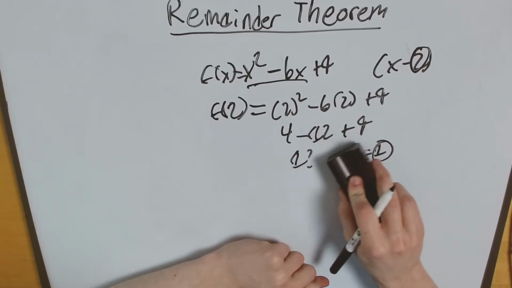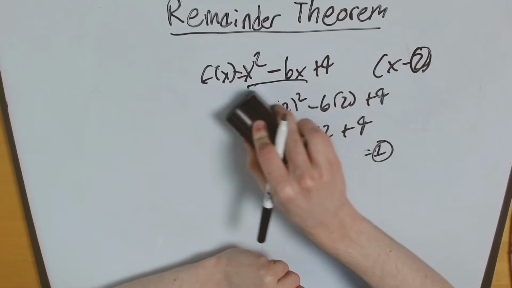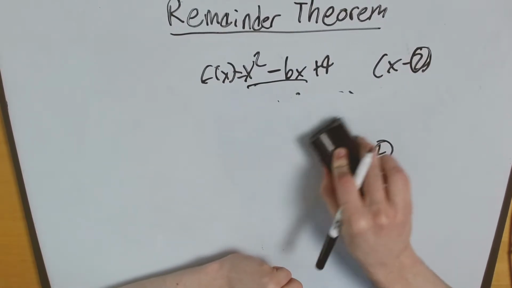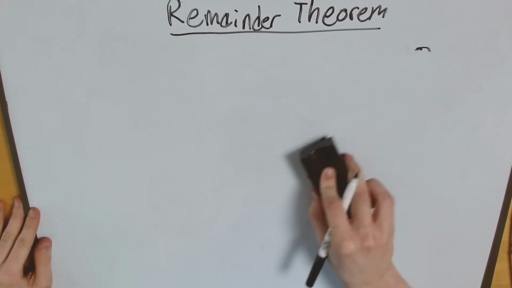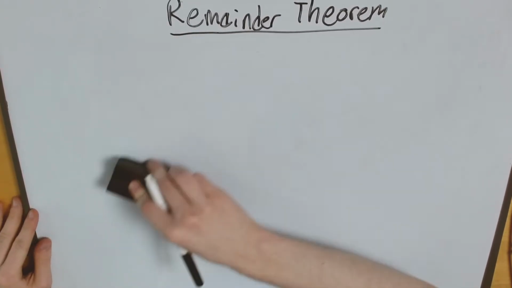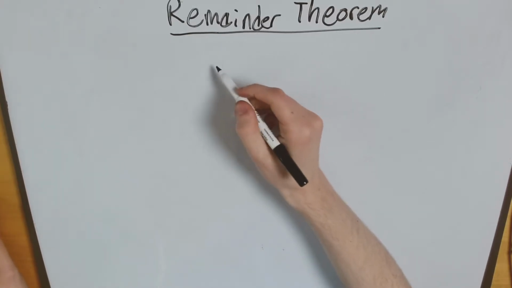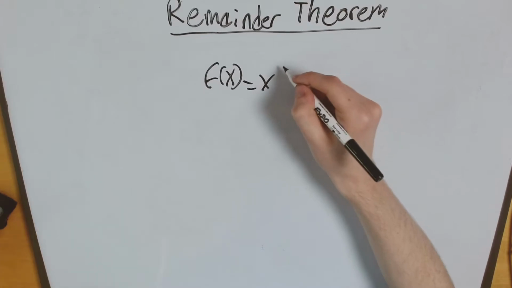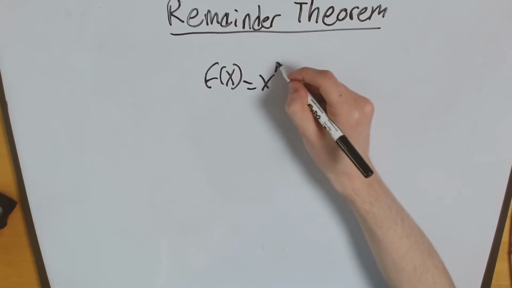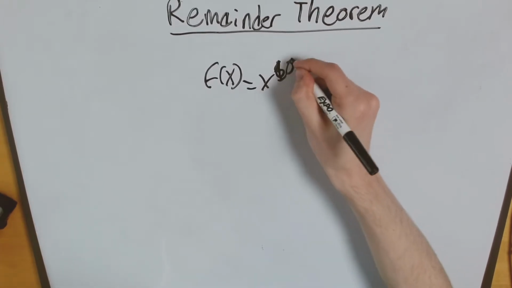Well, there is something pretty interesting that you can also do with this that really comes in handy. So let's say I'm given a huge quadratic, right? Or not a quadratic, a polynomial that has like x to the 10, right?